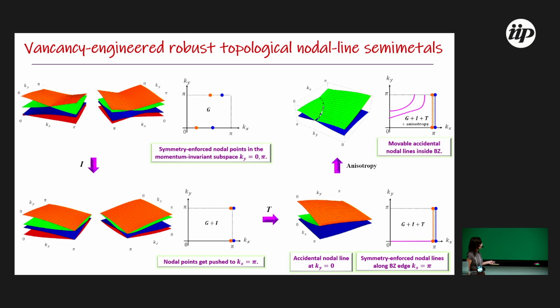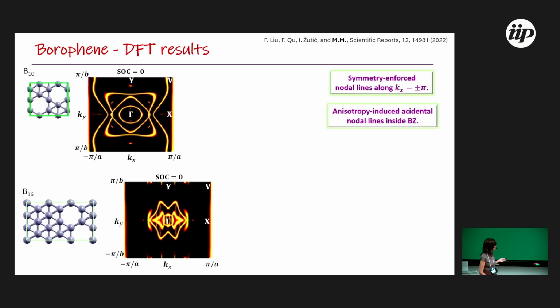But the symmetry-enforced nodal lines are fixed at the high symmetry kx equals pi line in the Brillouin zone, so they can't move, and they can't actually be gapped out. These purple lines can eventually be gapped out if the anisotropy is too strong, but not those symmetry-enforced nodal lines.